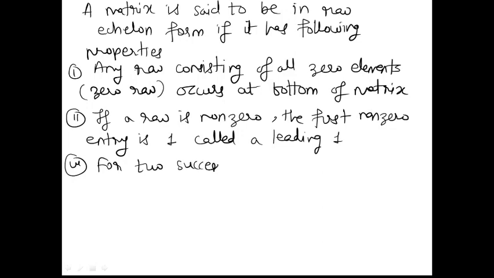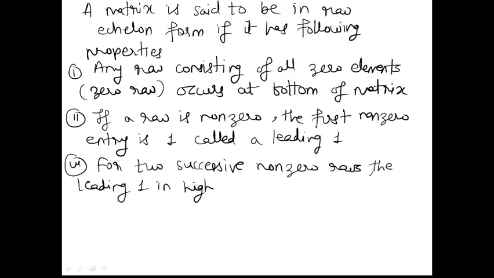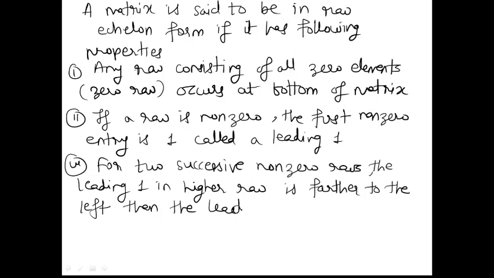Then the third condition is for two successive non-zero rows: the leading one in the higher row is further to the left than the leading one in the lower row.